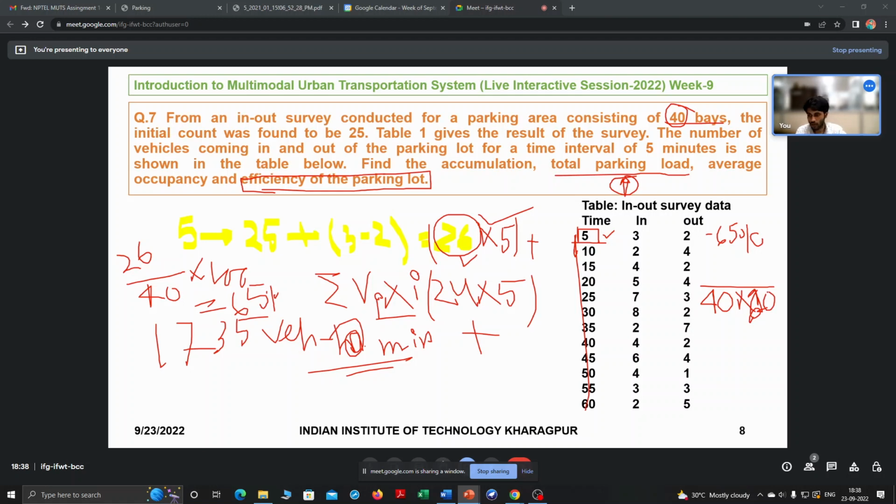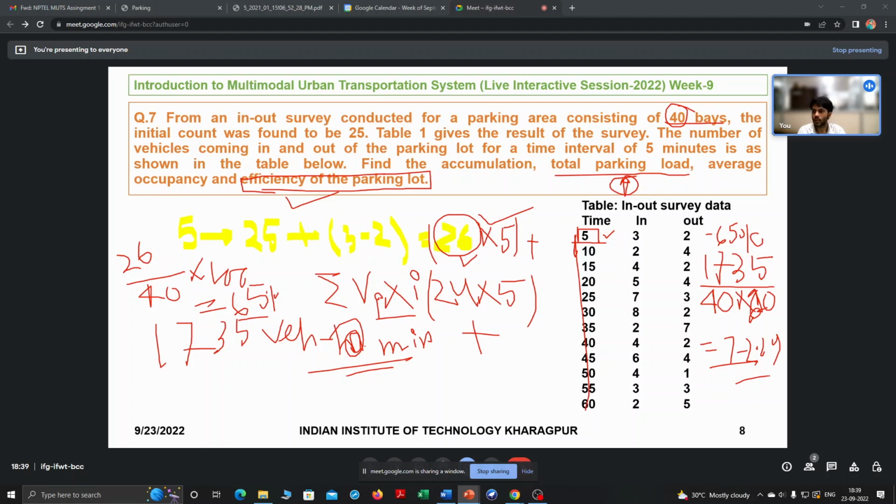So then 1735 by 40 into 60 gives 72.29 as your overall efficiency of the parking, right? 72.1.